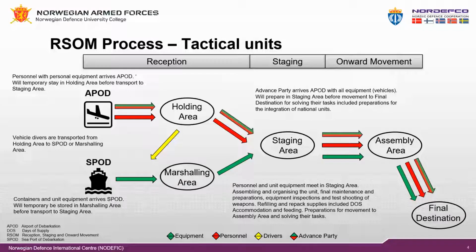After that, the unit will move to their final destinations. An advance party with personnel and material, including vehicles, will arrive by plane in the designated airport of debarkation. The advance party will arrive fully operational and move themselves to the final destinations.